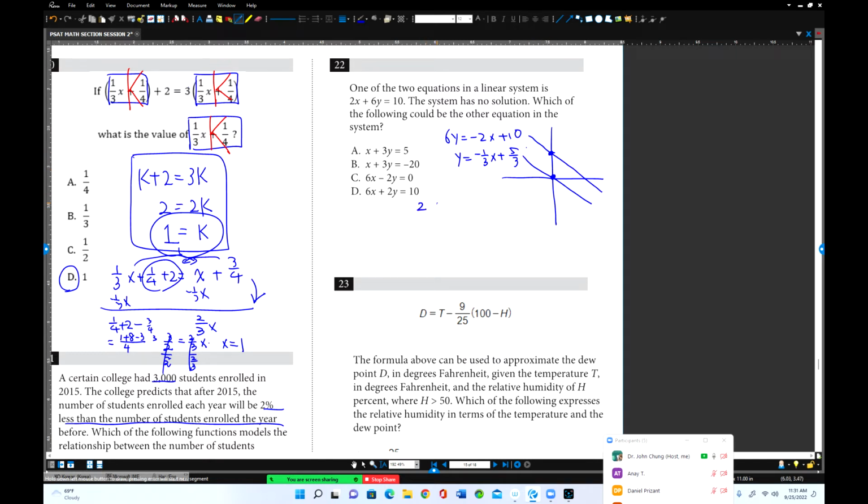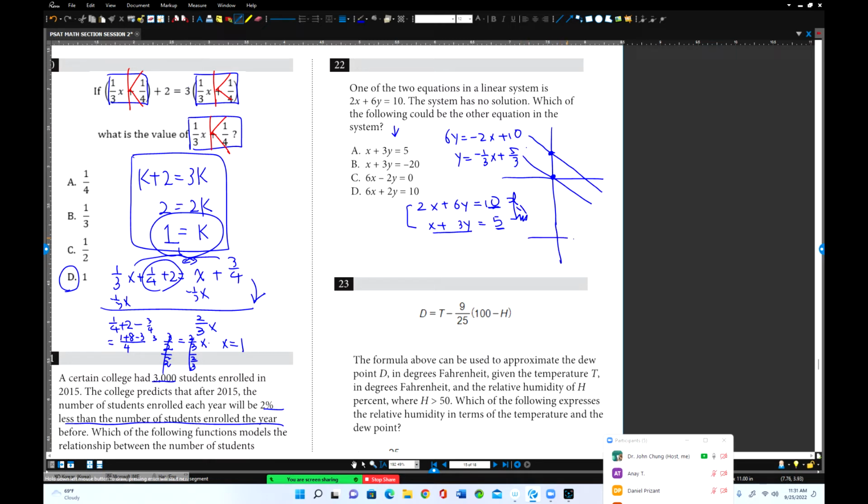When you have this one, you can easily find because they are all expressed in standard form. 2x plus 6y equals 10. When you divide by 2, x plus 3y equals 5. This one is exactly the same equation, right? When you divide by 2 at the same rate, this is already parallel, but also this is divided by 2 also equals 5, means what? These two lines are exactly equal.